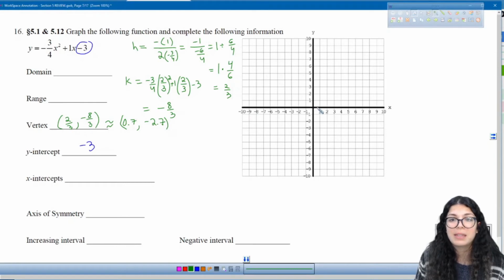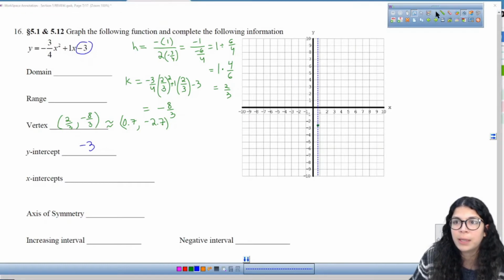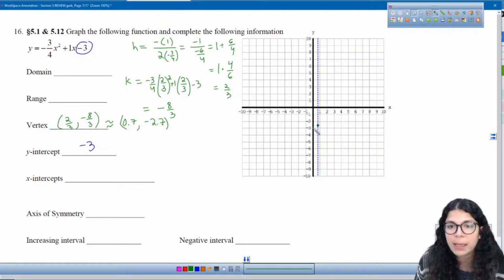So we have positive 0.7, so a little more than halfway, and then -2.7, a little bit more than halfway. So roughly about there. It's just a sketch. And then we can graph the y-intercept, okay? We can graph the axis of symmetry. That's going to help us visualize the reflection over the axis of symmetry, right? We have the y-intercept already as -3. And then if we reflect that over, we're about 2/3 of the way this way. So if we go 2/3 of the way this way, boom, reflected right there.